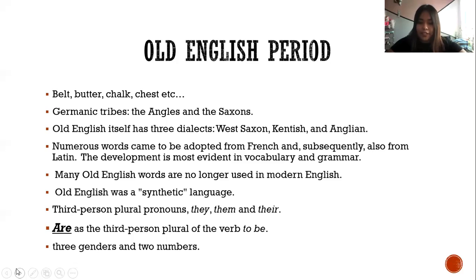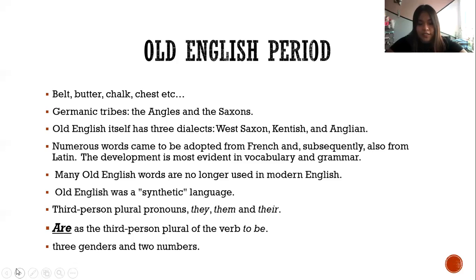Many Old English words are no longer used in modern English, and the inflectional structure was far richer than is true of its modern descendant. However, with small spelling differences and sometimes minor meaning changes, many of the most common words in Old and Modern English are the same.